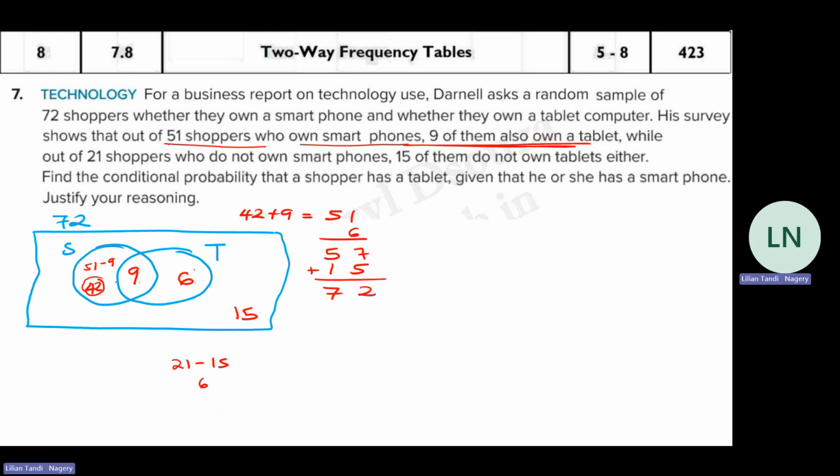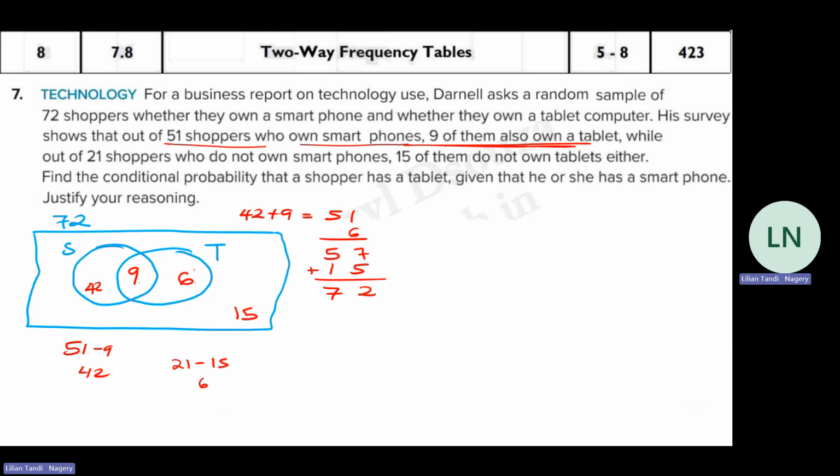So I know my Venn diagram is correct. Okay? So that's how you fill your Venn diagram.